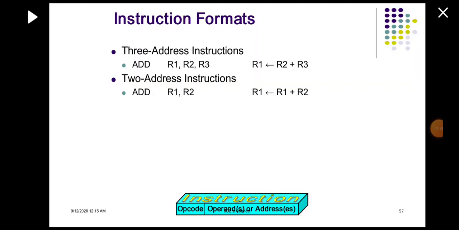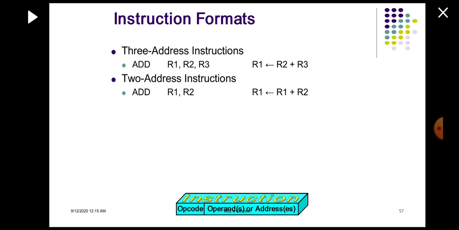So we'll see now 2 address instructions. The general format for 2 address instructions is operation, source, destination. Here the operation may be addition, subtraction, or move. So it will specify what operation will be carried out.